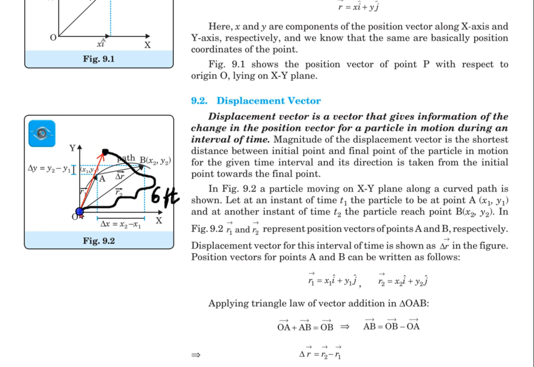So I'll measure this distance, that will give the displacement. If the real distance traveled by the marble is 6 feet, it is clear from the diagram that the displacement between this point and this point must be less than 6. So we have to remember that point. This is the displacement. This part is the distance.